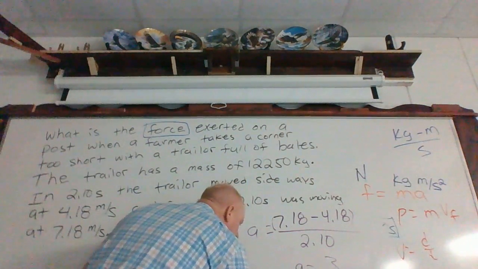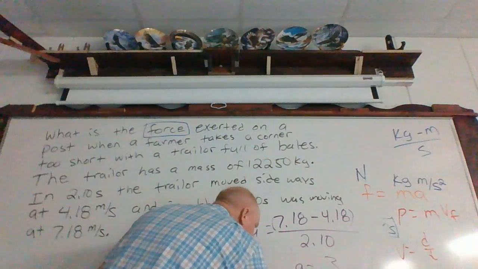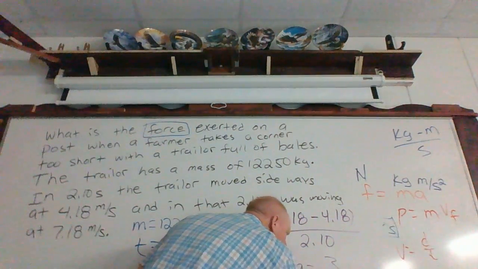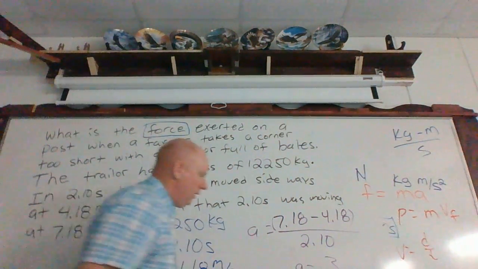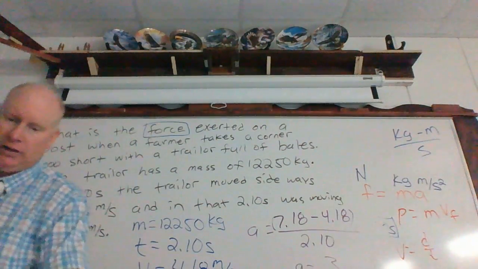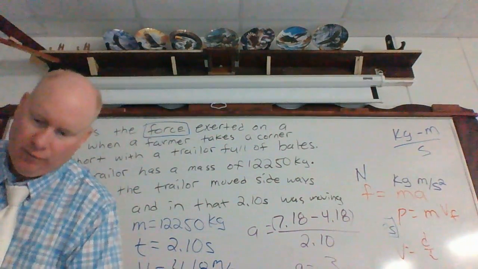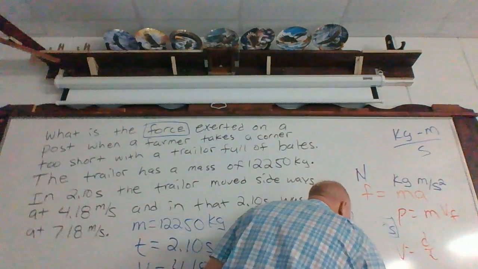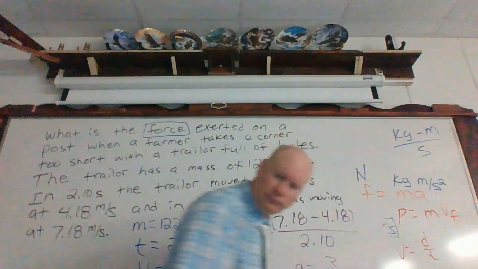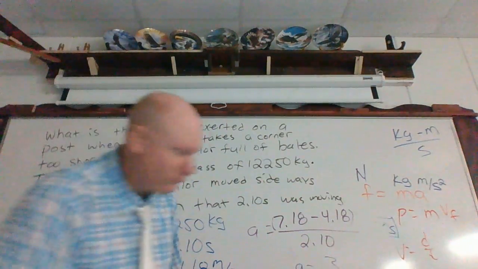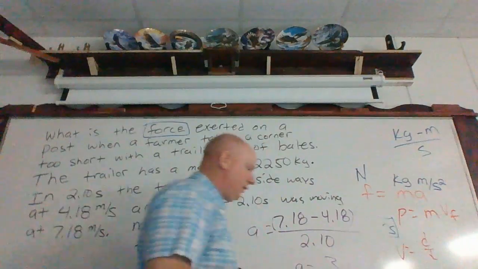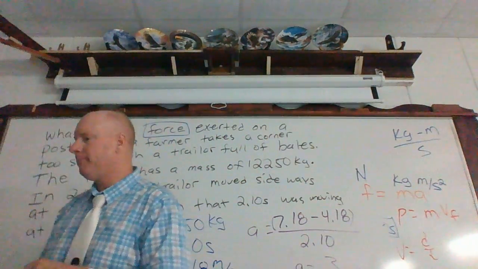Okay, so again, what we did, 12,250 times 1.42, multiplying those two numbers gives you 17,395. How do we label forces? Newtons. All forces are labeled in newtons. Okay.